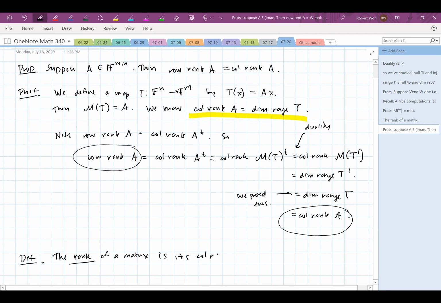They're the same thing. So someone talks about the rank of a matrix, they mean the dimension of the column space, which is the same thing as the dimension of the range of the linear transformation, which is the same thing as the dimension of the range of the dual map, which is the same thing as the dimension of the rows of the original matrix.